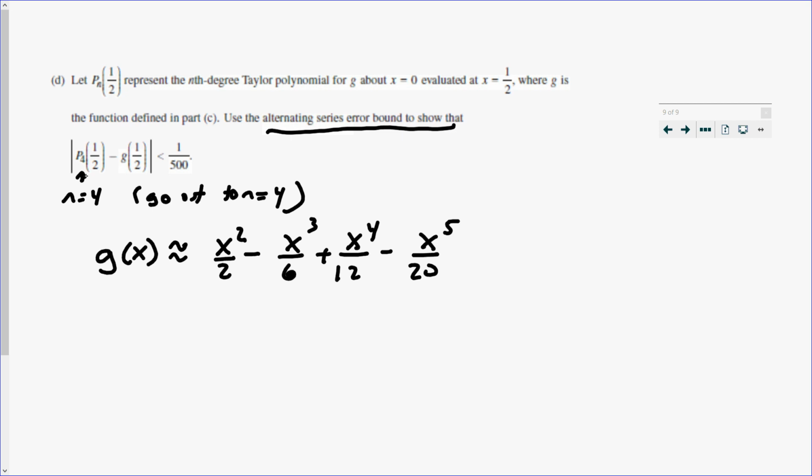Now, we want to show that the error of the fourth degree term is less than 1 over 500. So this is pretty easy to do. Well, this is an alternating series.